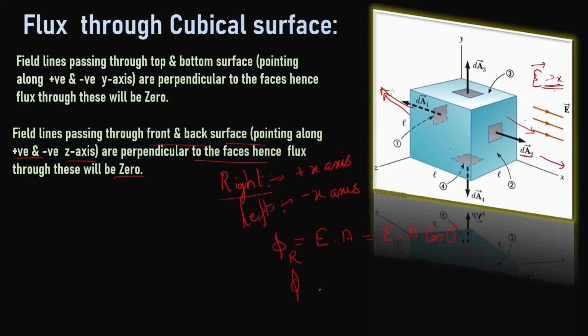Similarly, what will be the flux associated with the left face? It will be E A cos 180 degrees, because the electric field is along the positive x-axis and the area vector is along the negative x-axis.